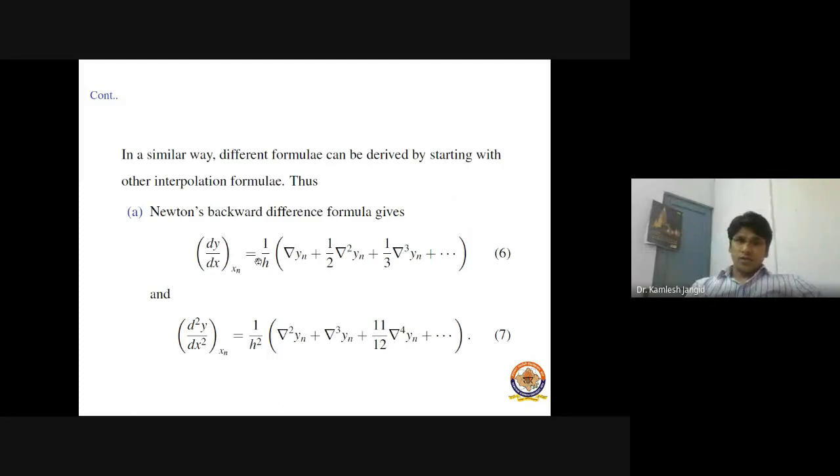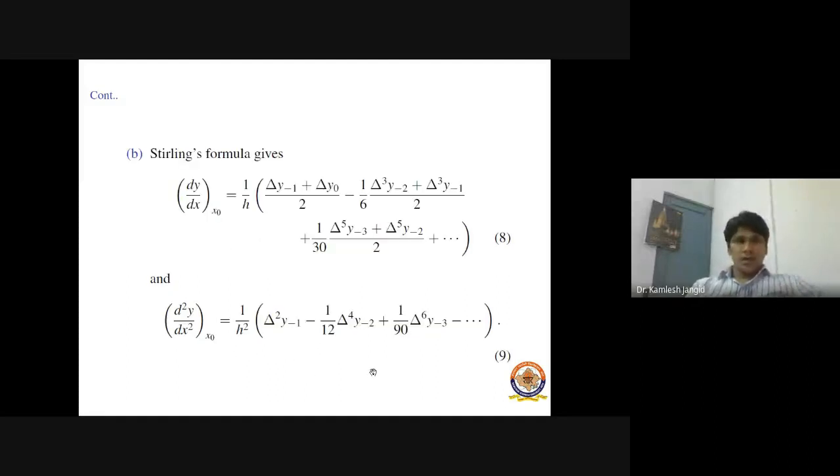So if we use the same calculation as in the previous formula, dy/dx at x, near the end point of the data values, is 1 upon h times the expression involving del yn plus 1 upon 2 del squared yn and so on. So this is our first derivative near the end of the tabulated values. Similarly, this is our second derivative at the point x equals xn.